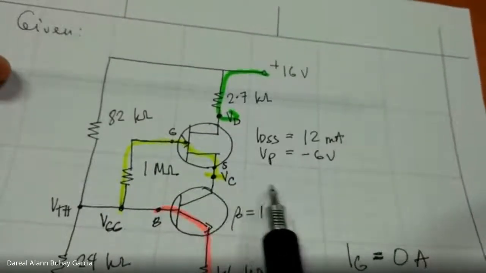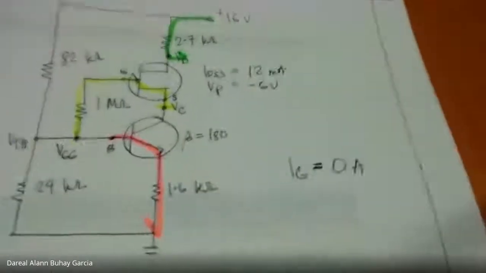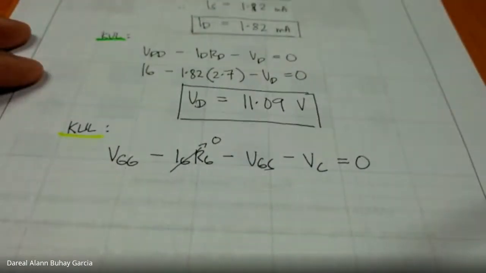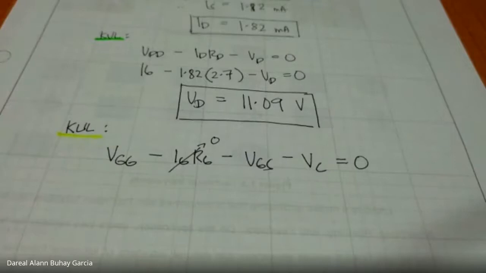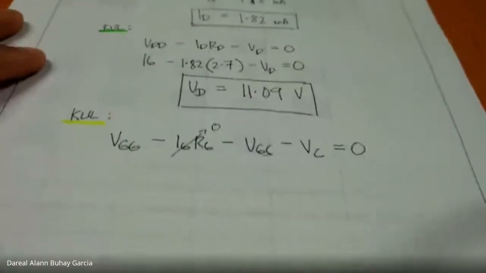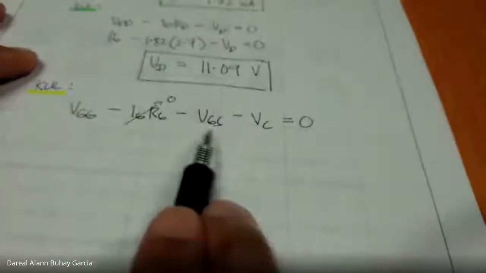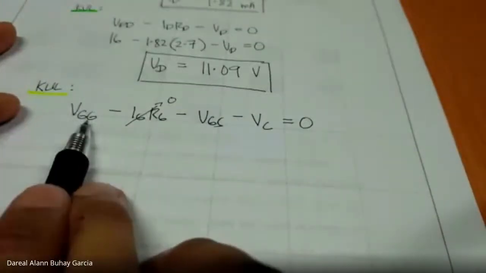VC, padlong ground. Simplify pagid ni because IG is 0. VGG is equal to VGS plus VC. I think magiging na ang next na step. Use a Shockley equation. Very good. Sakto. Kaya give, kuha naman natin si VGG. May si VTH na to earlier. Pero si VC ang unknown. Yeah, sakto.